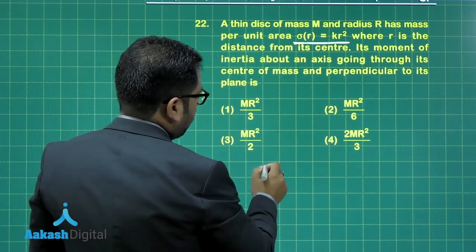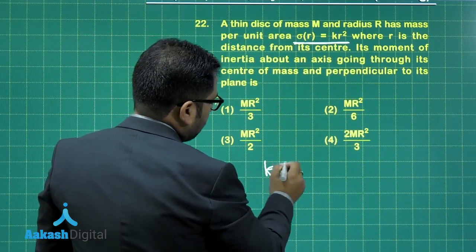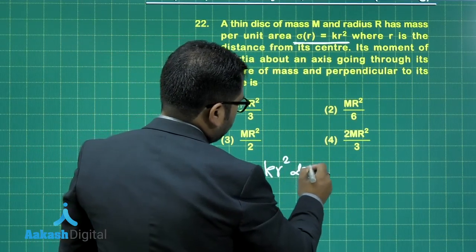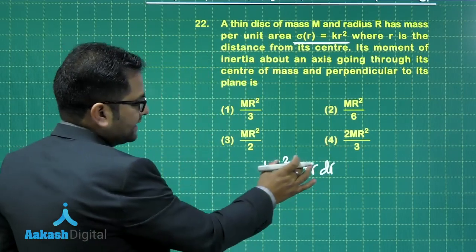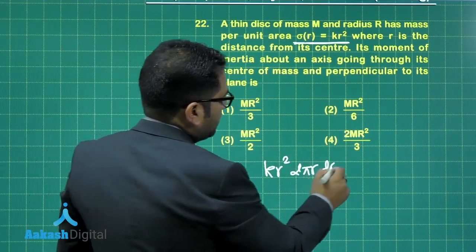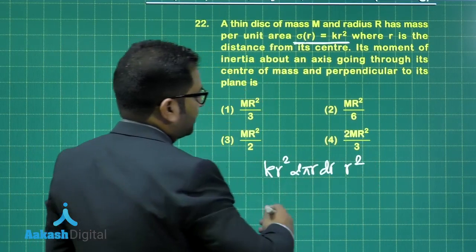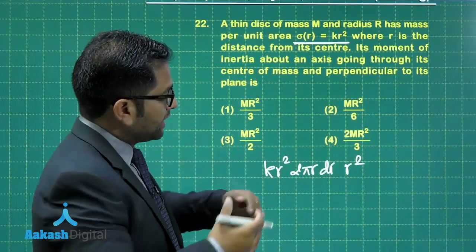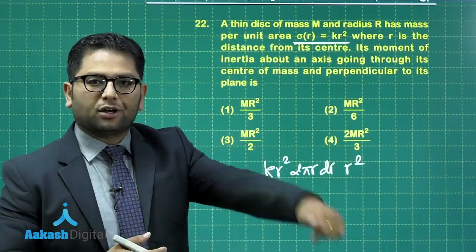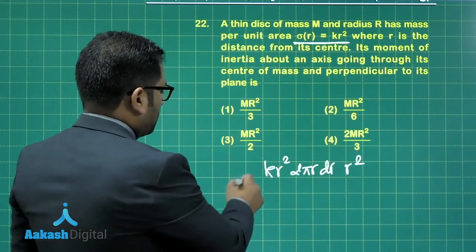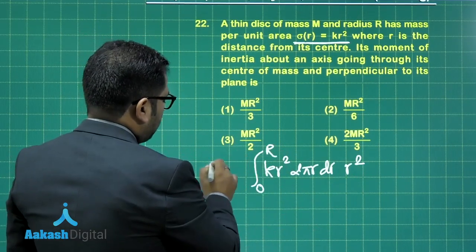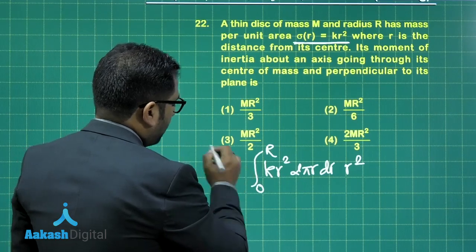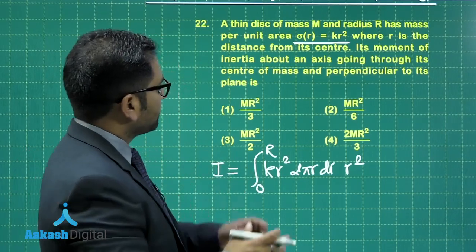The mass of that elementary ring would be k r square into 2 pi r dr. That's fine. The surface mass density into smaller area multiplied by r square will give the moment of inertia of an elementary ring of radius r. And you integrate it, limit from 0 to capital R, that's going to give you the required moment of inertia.